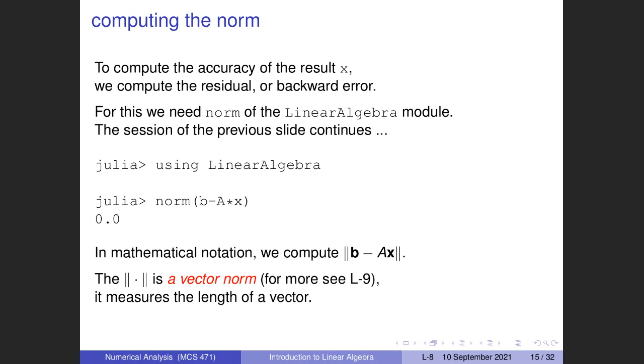So we touched very briefly on norms when we talked about the size of a polynomial defined by a coefficient vector. Well, here is the norm of a vector, which we will call the backward error. So the quantity that is computed here will be known as the backward error or the residual. Is the linear algebra module that is already standard installed in Julia.